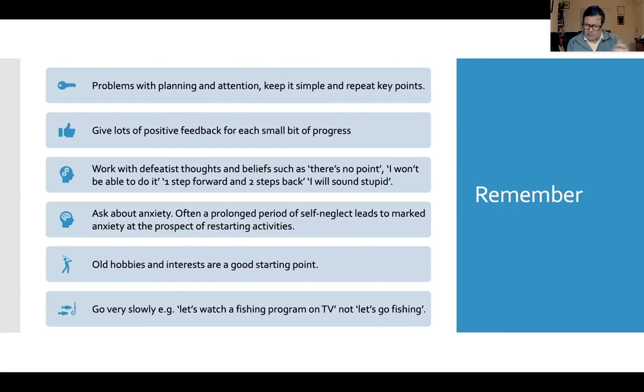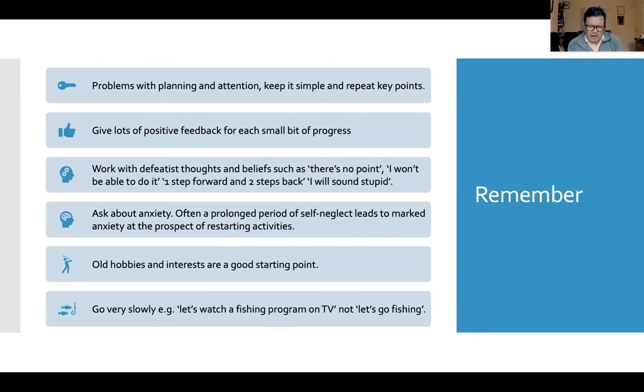Whether it be bird watching or an interest in certain types of food or cooking, or any kind of interest or hobby, coin collecting, stamp collecting, an interest in animals, whatever it might be, let's go there early and try and cultivate that interest and those feelings of pleasure, and then try and build some small targets towards success.